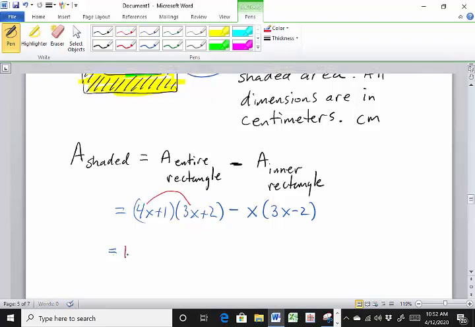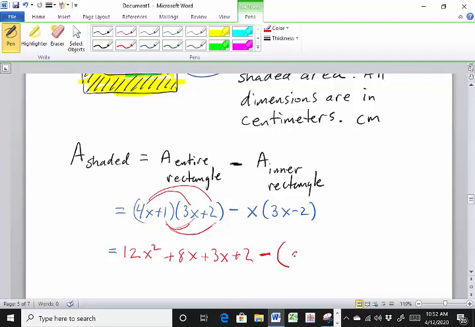So 4x times 3x is 12x squared. 4x times 2 is 8x. 1 times 3x is 3x. And 1 times 2 is 2. So you can also say I used FOIL on here, right? First, then the outside, then the inside, and then the last. Okay? Then subtract, got to put this in parentheses.